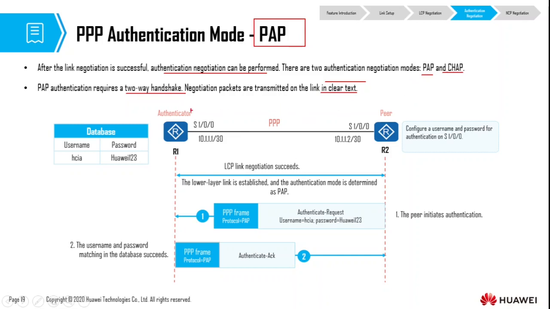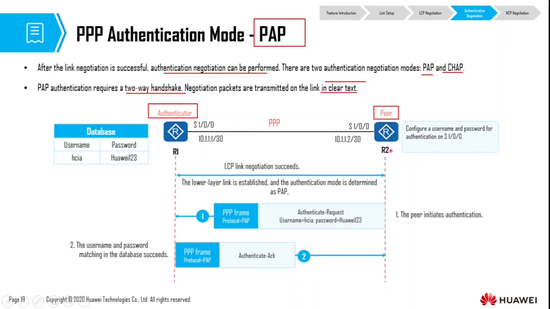Now, in the PPP scenario, one device acts as the authenticator. The device that acts as the authenticator will authenticate the peer device.